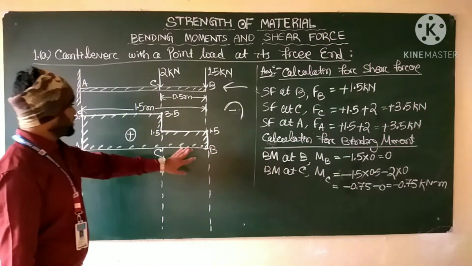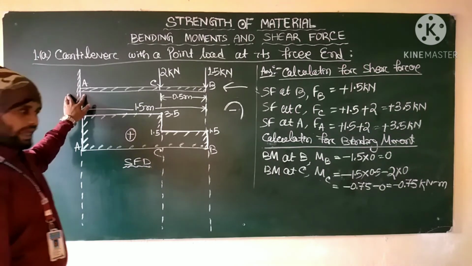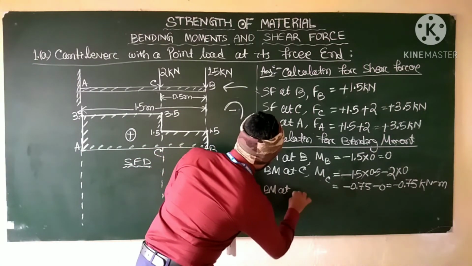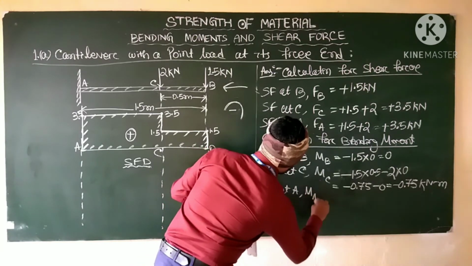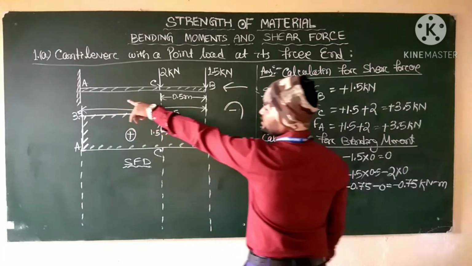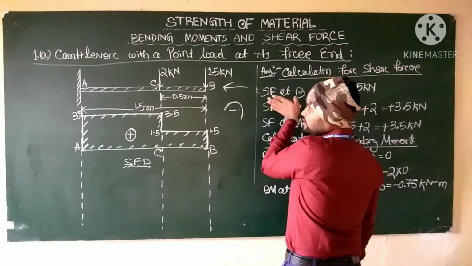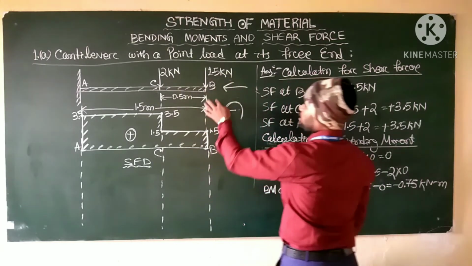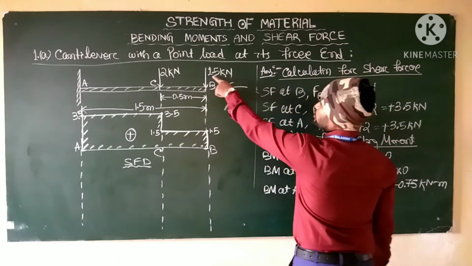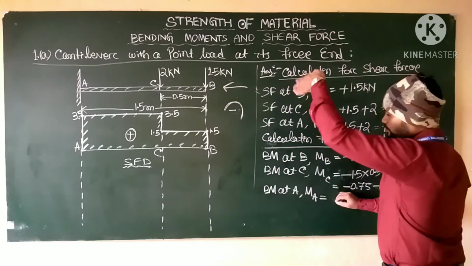Next, we will calculate the bending moment at A. So write, bending moment at A, we can say MA equal to. Here we are calculating the bending moment at A, so we will go to A from B and C. When we come to B, a load of 1.5 kilonewton is there, so this will be downward.